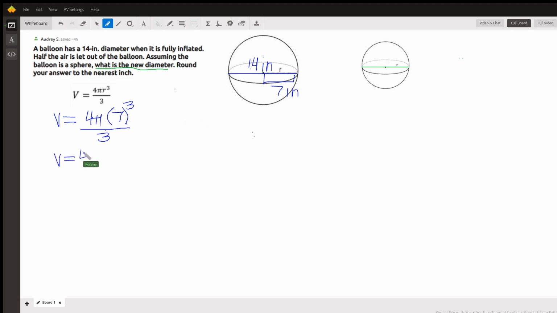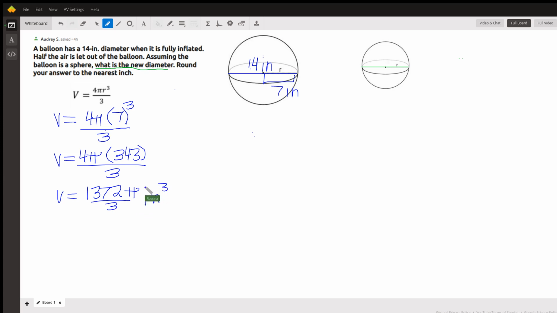So we get 4 pi times, remember your order of operations, 343. Then you can multiply 343 times 4, and you'll get that your volume is 1372 pi over 3 inches cubed.